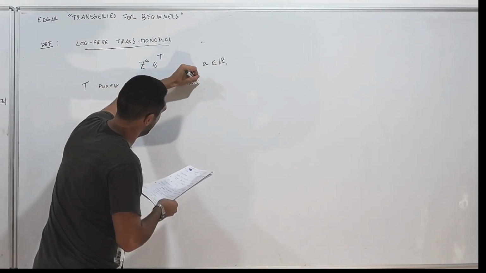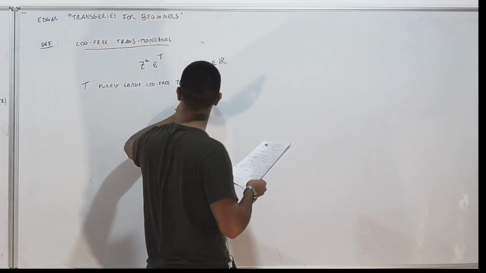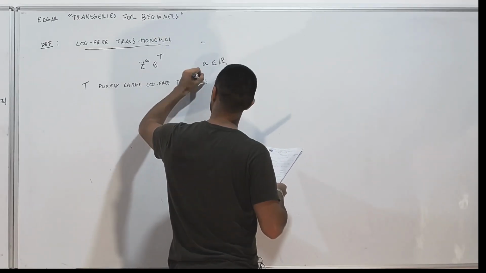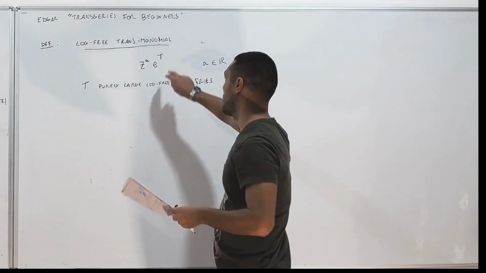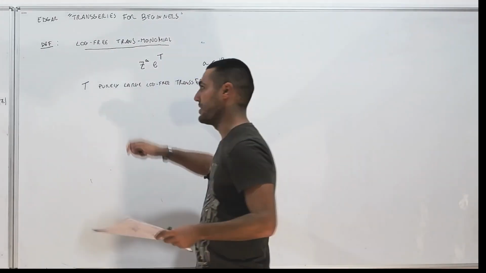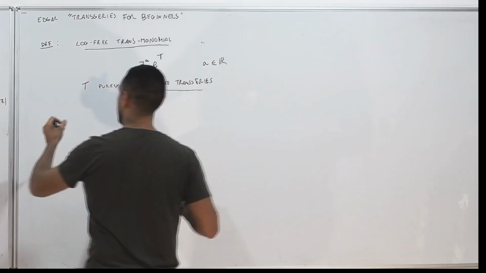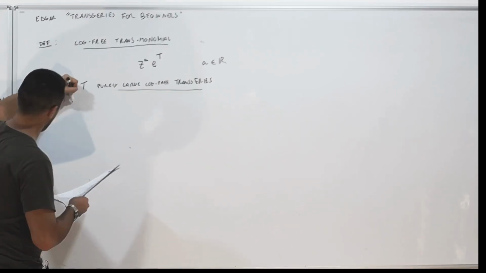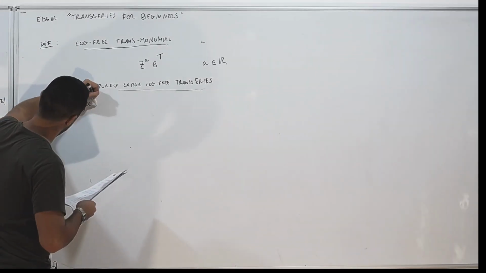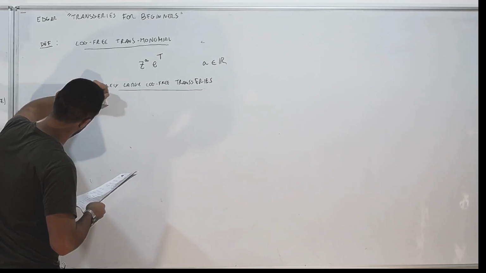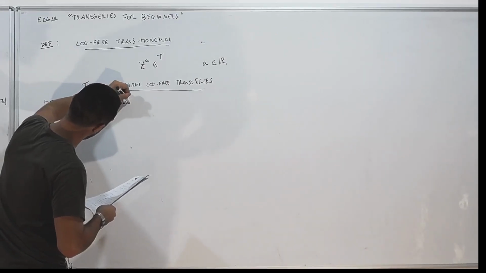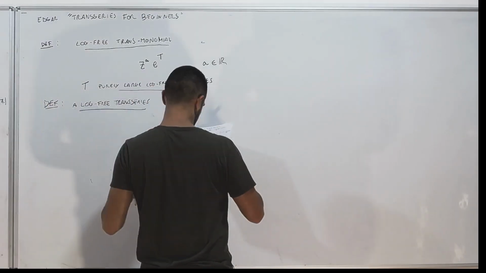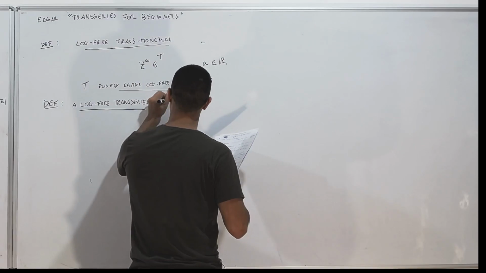So you see what I meant when I said it was a circular definition, because I'm defining the building blocks of transseries using transseries. And then I define a log-free transseries as a formal sum of transmonomials.